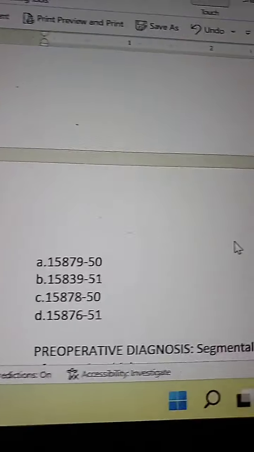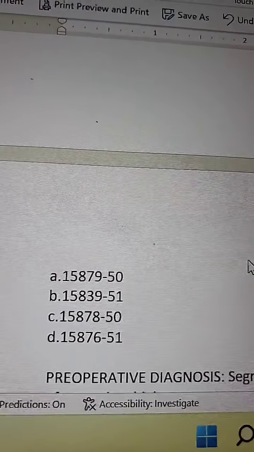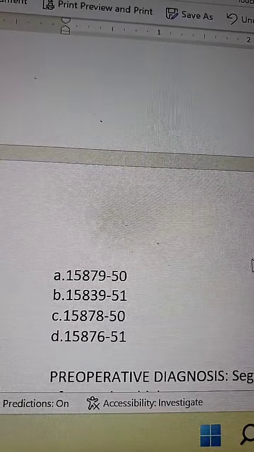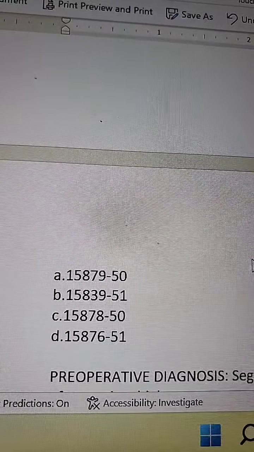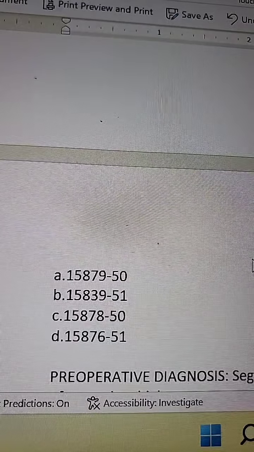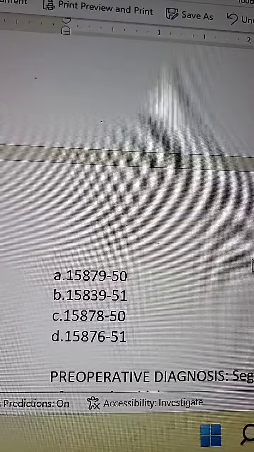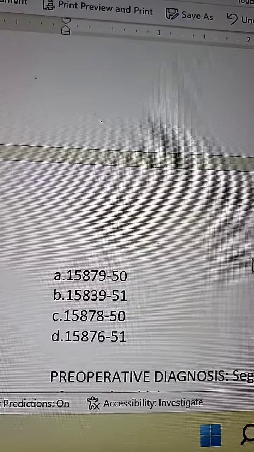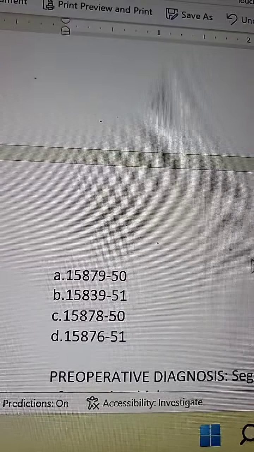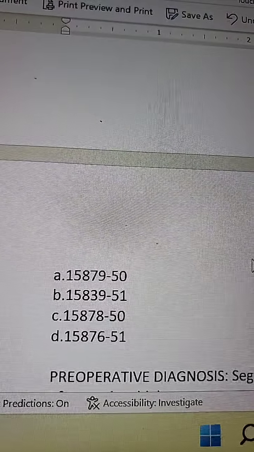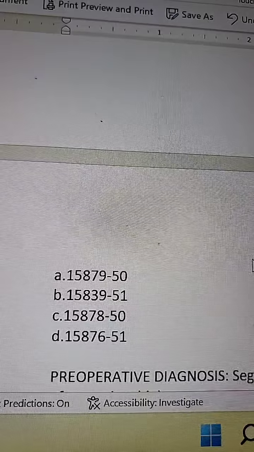All right, let's go see what's going on with these codes. 15879. We've got other procedures, right? What header are we under? Other procedures.